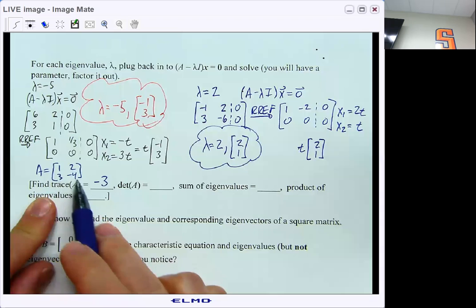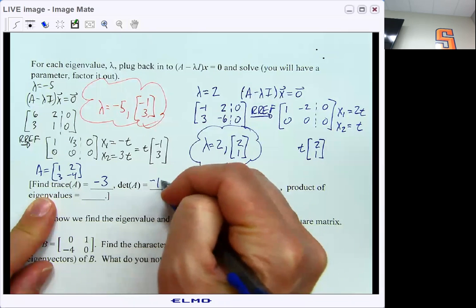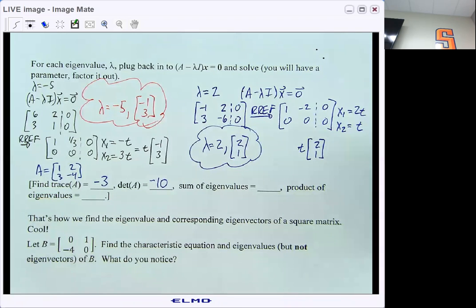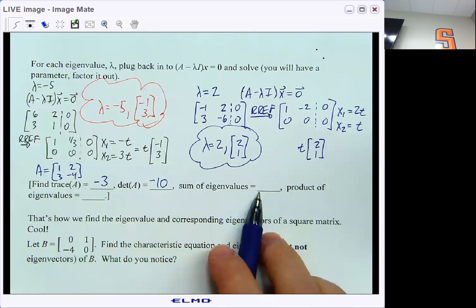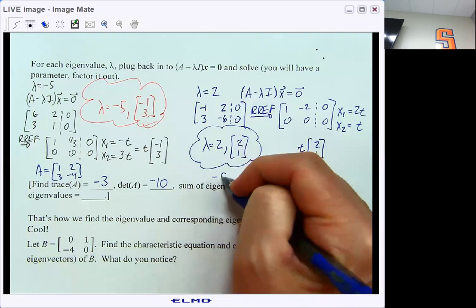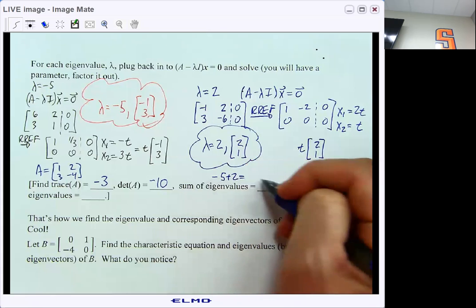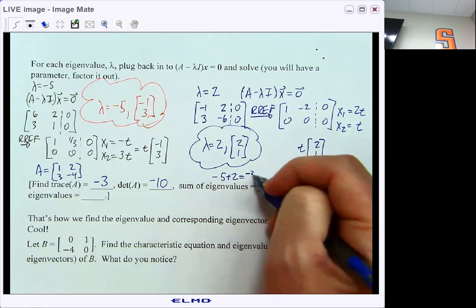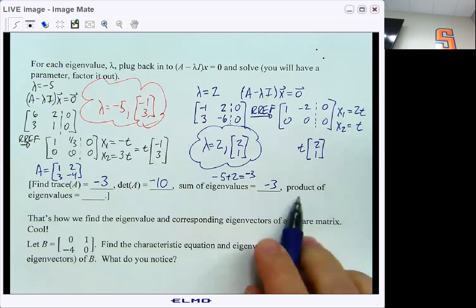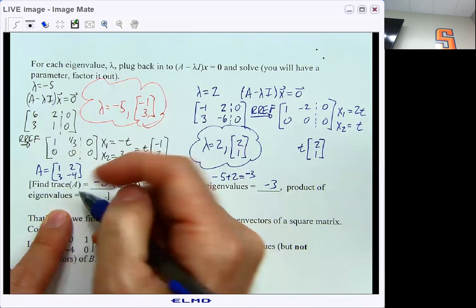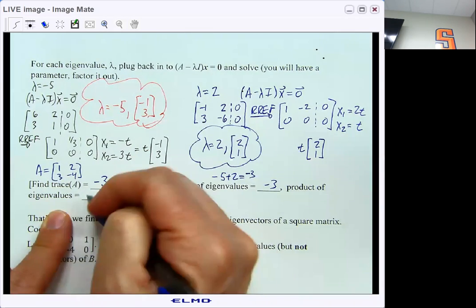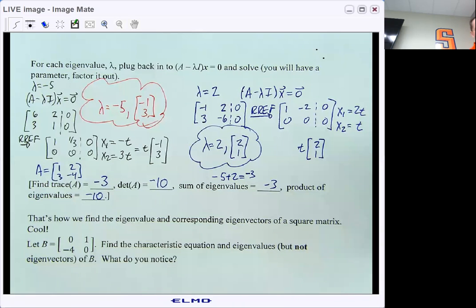The determinant of our matrix is negative 10. Here's something else that's cool. If we add up our eigenvalues, negative 5 plus 2, we get negative 3. And if we multiply our eigenvalues, we get negative 5 times 2, which is negative 10.